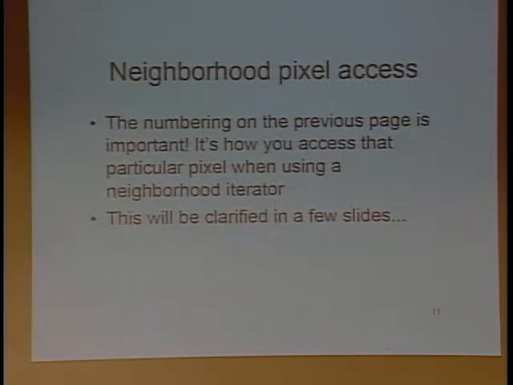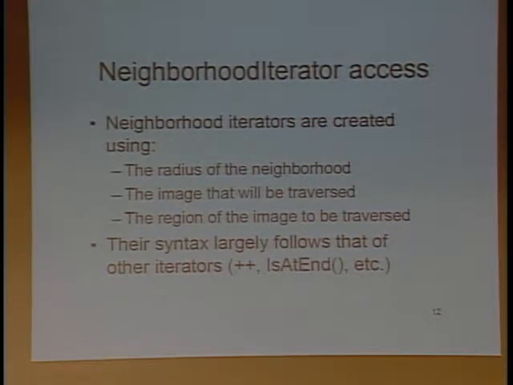Okay, so like I said, the neighborhood positions are very important because you have to use that to access the pixels in the neighborhood. How to create a neighborhood iterator? You have to specify the radius of the neighborhood and the image on which you are going to perform operation on, and the region of interest of the image.